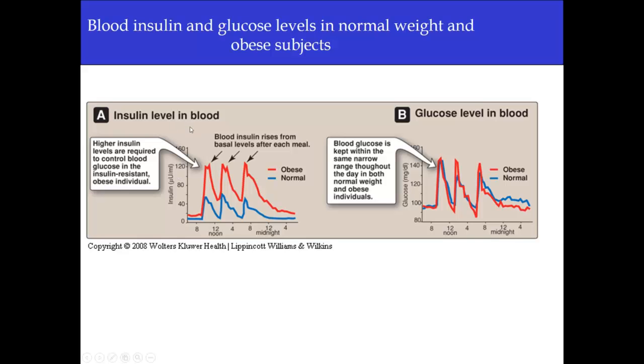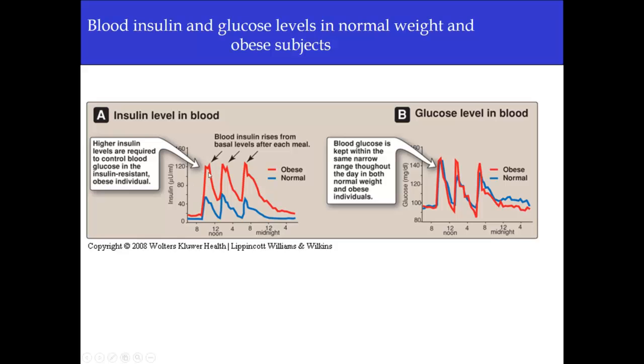So here is a comparison of the blood insulin and glucose levels in normal weight and obese subjects. Red is obese, blue is normal. This is the insulin level. What this figure is telling us is that higher insulin levels are required to control blood glucose in insulin resistant obese individuals. You can see the body is making too much insulin following a meal.